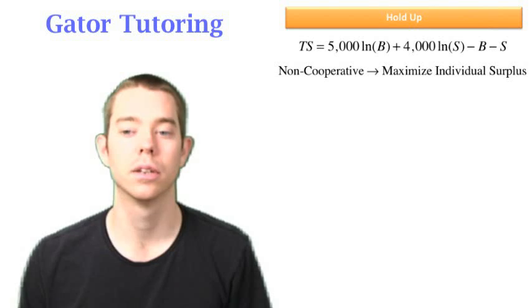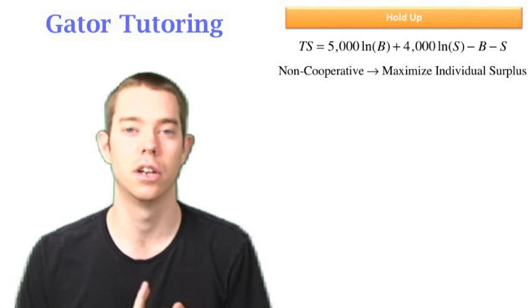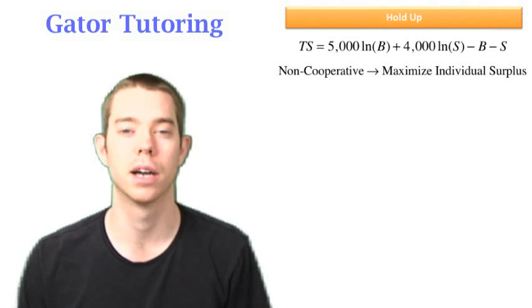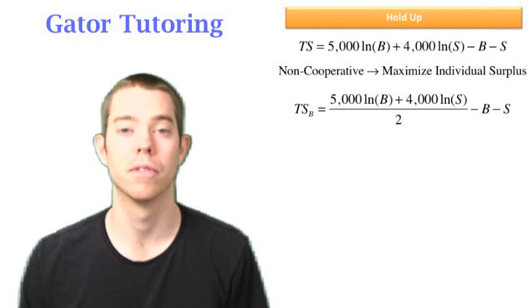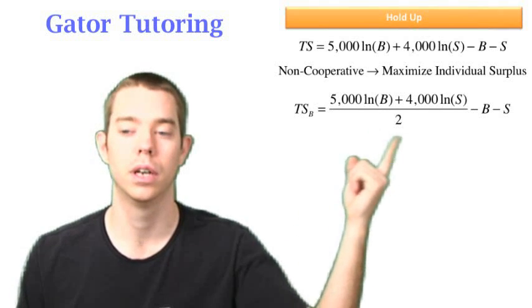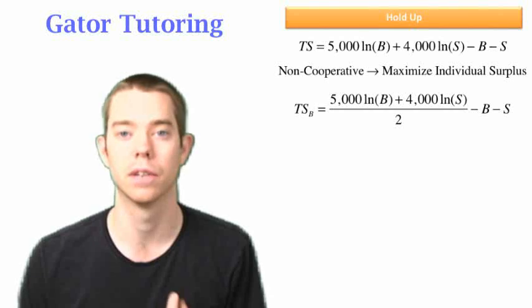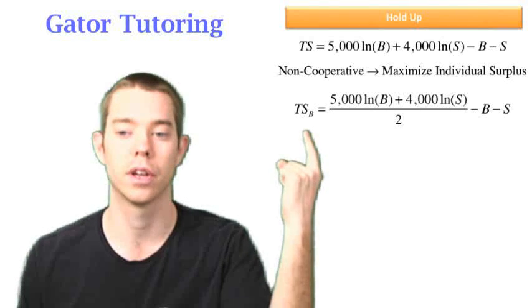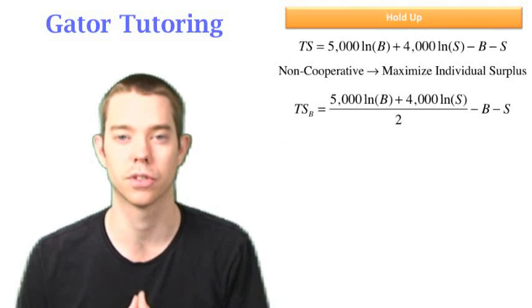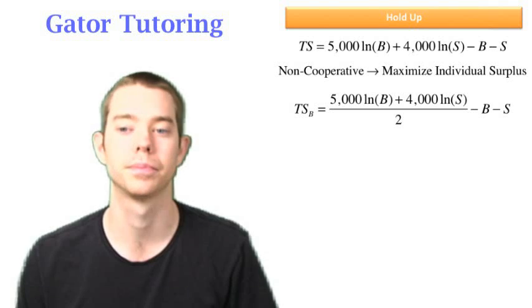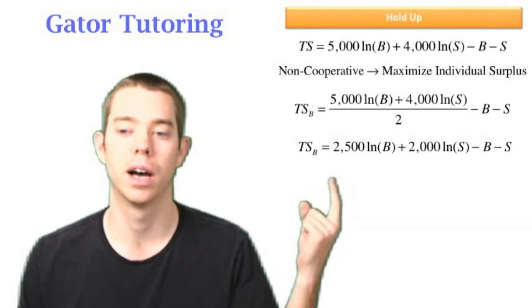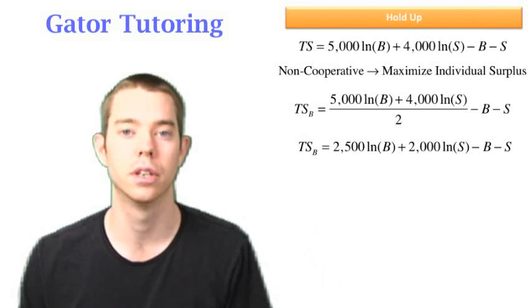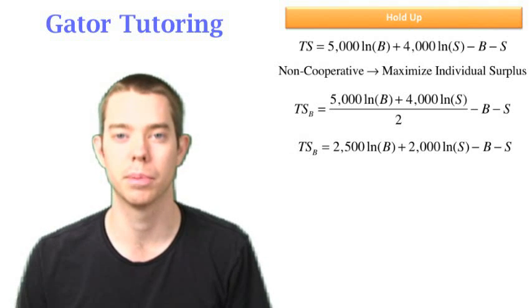Now let's look at when they're treating this as a non-cooperative game and they're maximizing their individual surplus. Just like in free writing, we're going to have the value only divided by 2 and the level of investment by itself not divided by 2. Again, this is just for one of their total surpluses, so this is just for Ben's total surplus. Here we're going to simplify and get 2,500 and 2,000, and from here we can see that that derivative is going to be pretty easy to solve.